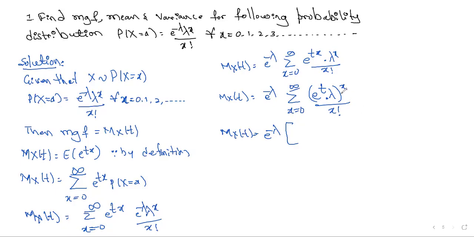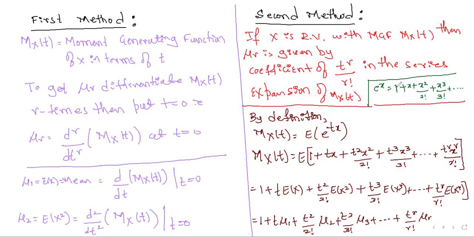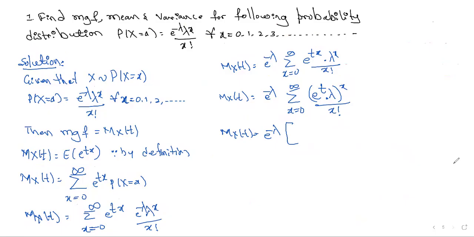Now I will expand here. We know the formula for e power x. Instead of x, we have lambda into e power t.